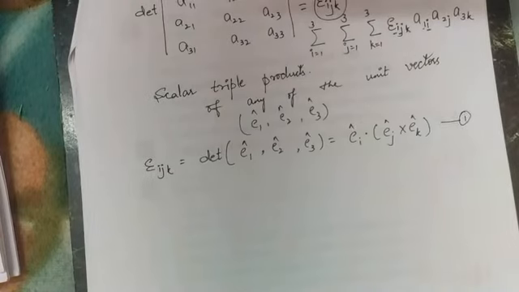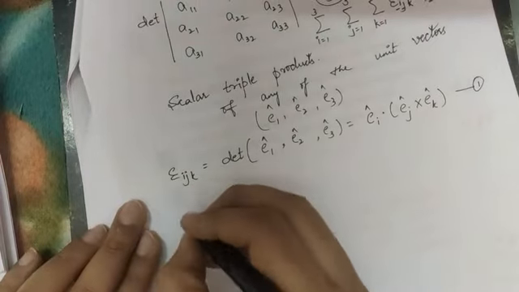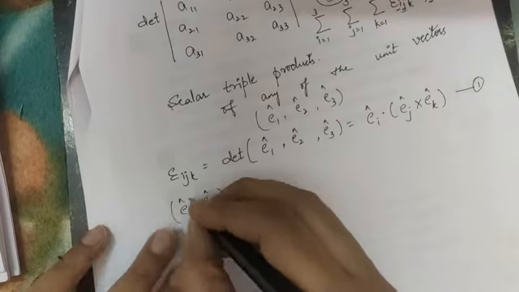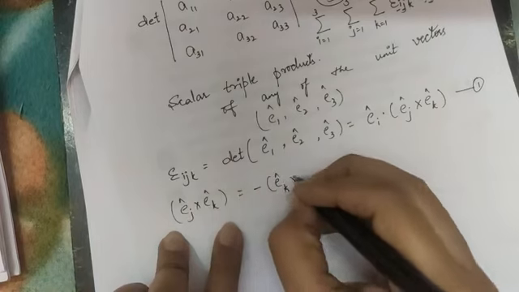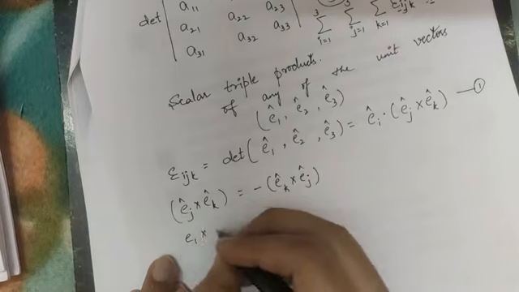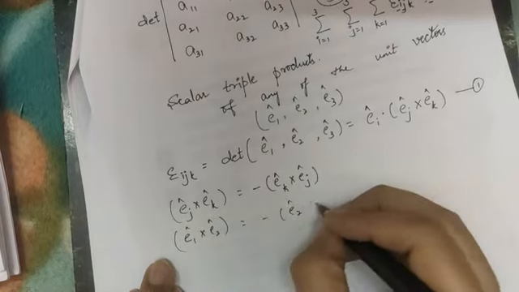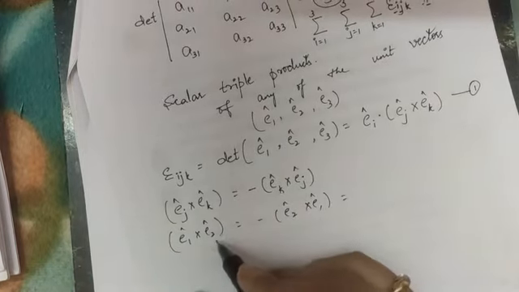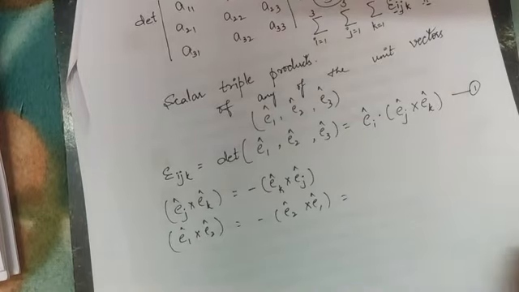Okay. So we know that cross product of two vectors, we have seen this, right? ei cross ej is equal to minus of ej cross ei, right? So that is nothing but e1 cross e2 is nothing but minus of e2 cross e1. e1 cross e2 gives you e3. You might have studied this in your lower classes, right?